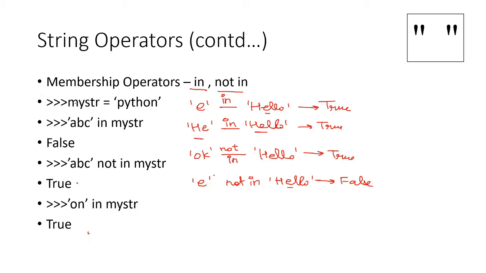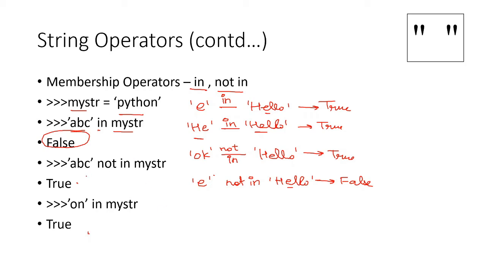Now, let's say the string variable mystr contains Python, and if you were to check if ABC is a part of mystr, you're going to write ABC in mystr, and since you can see there is no ABC in the string, it is going to return false.